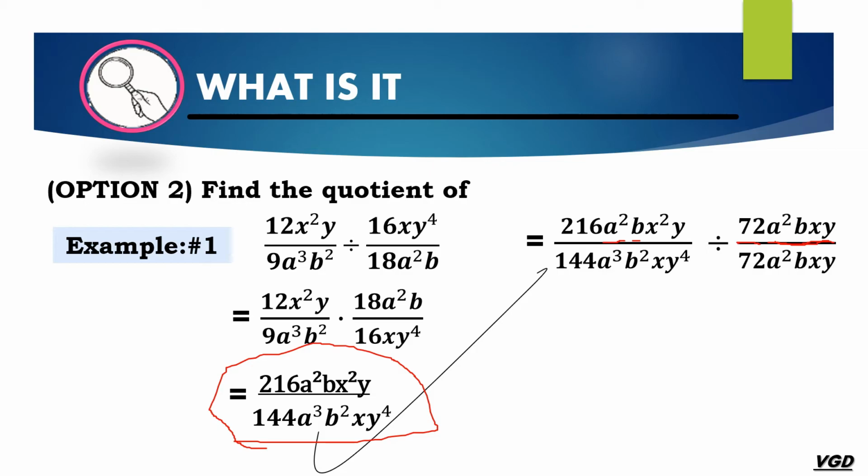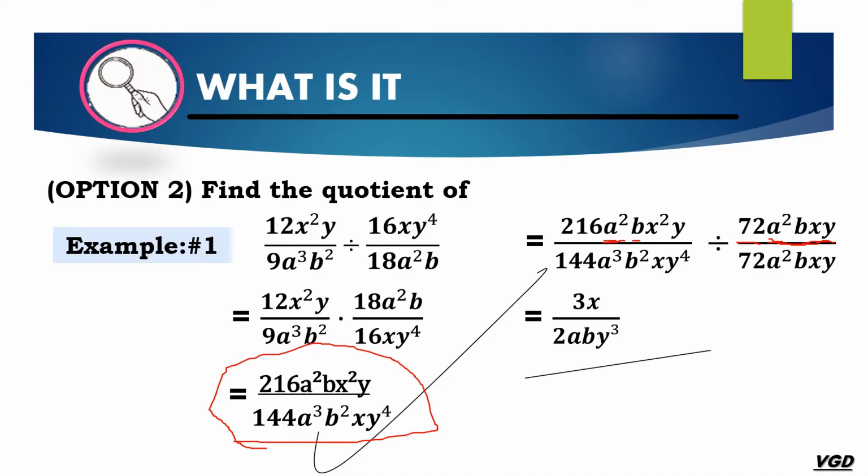So 216 divided by 72 is equal to 3, and we have a squared minus a squared is equal to a to the power of 0. And take note, any variable whose exponent is 0 is equal to 1. And we also have b minus b is equal to none.